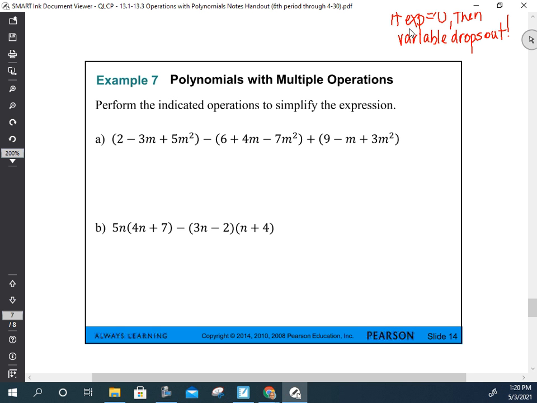When you are performing multiple operations, that's when you are alluding to order of operations. So order of operations still applies.